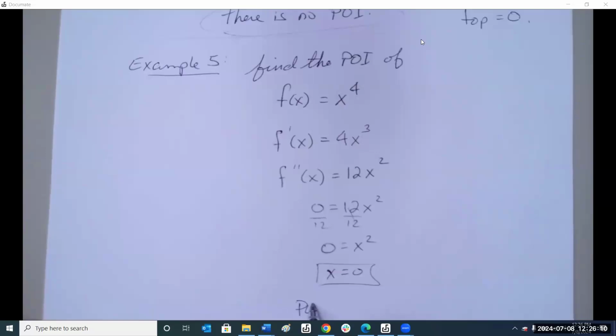So the point of inflection, if x is 0, go back up here.